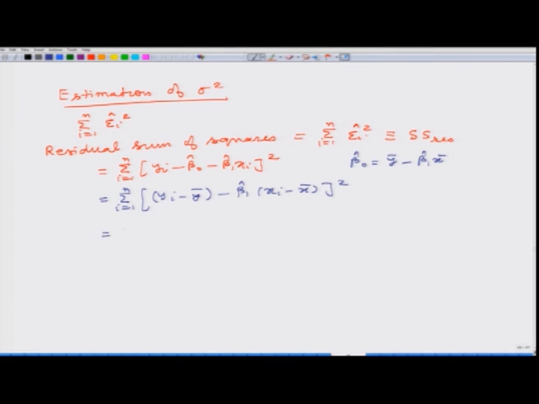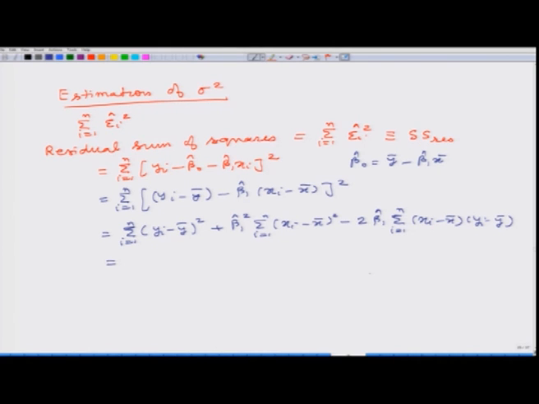And this can be further written as summation i goes from 1 to n of yi minus y bar whole square, plus beta 1 hat square summation i goes from 1 to n of xi minus x bar whole square, minus twice of beta 1 hat summation i goes from 1 to n of xi minus x bar times yi minus y bar.